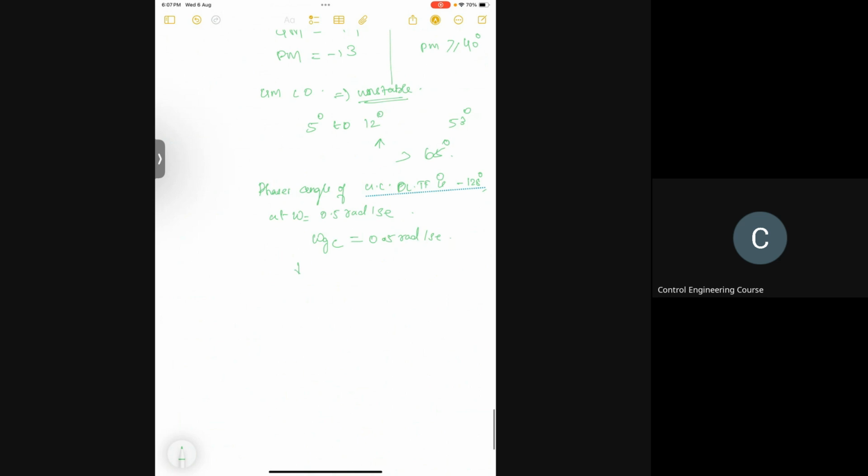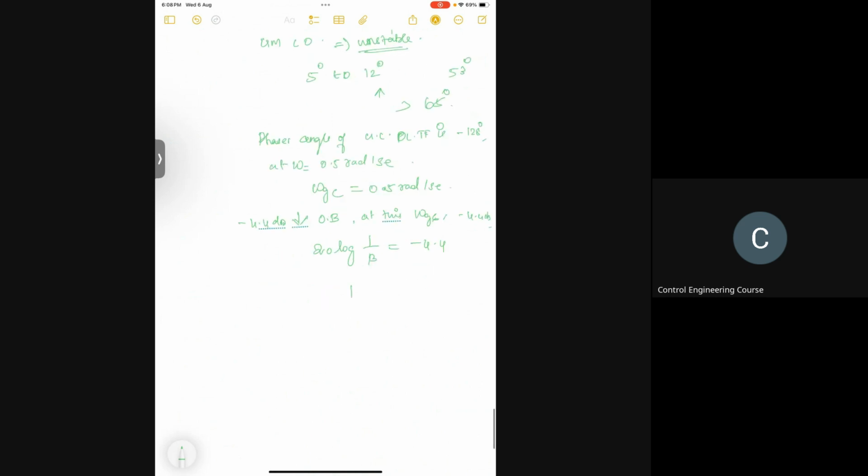To bring this magnitude curve down to 0 decibels from 44 decibels at this new gain crossover frequency, the lag compensator must give the necessary attenuation, which is minus 44 decibels. So this will be 20 log of 1 by beta equal to minus 44.